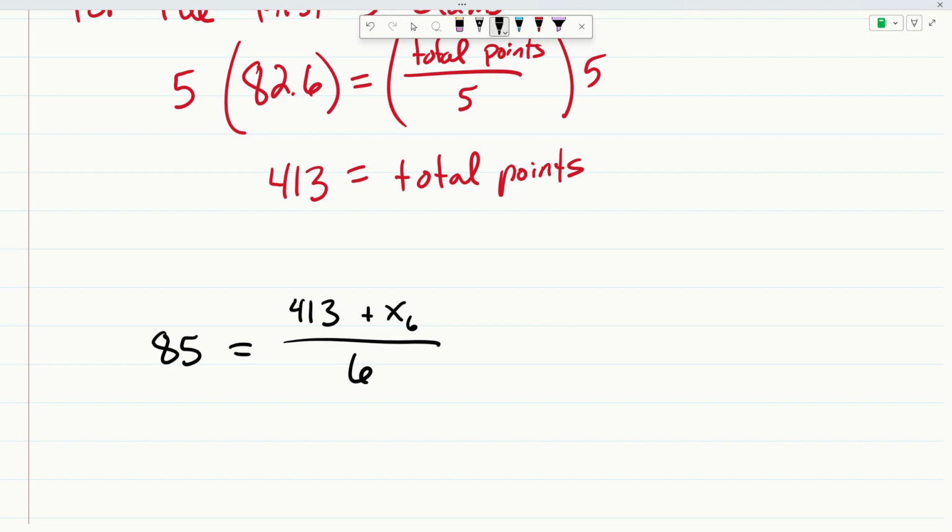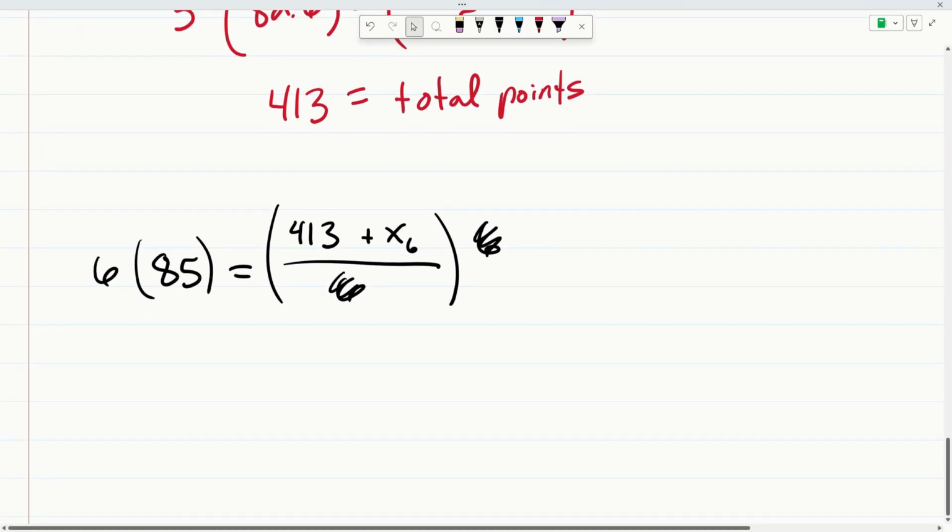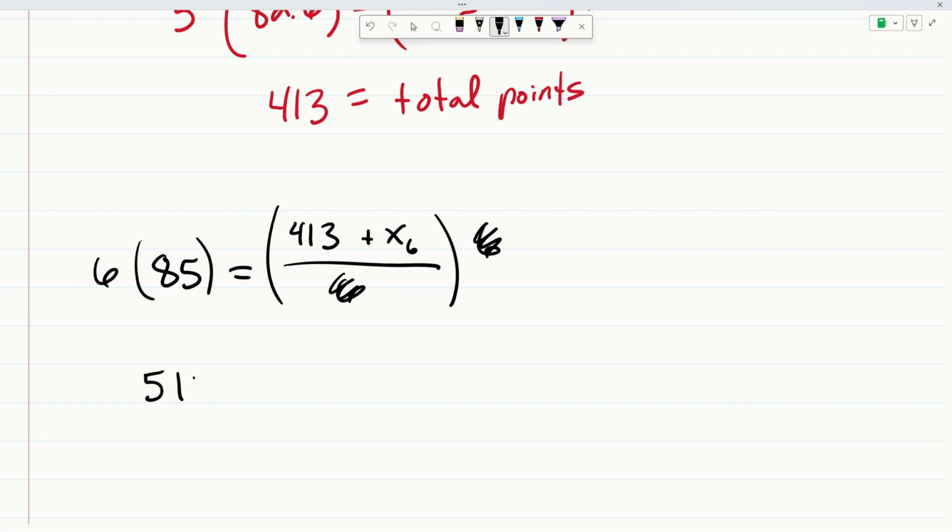To solve this, we're going to multiply 6 by both sides first. By doing that, on the right-hand side, we reduce the 6's. On the left-hand side, 6 times 85 is 510.